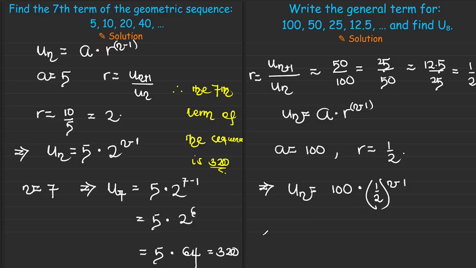Now for U8, it simply implies that our n is equal to what? 8. So substituting, we have our eighth term giving us 100 times 1 over 2, all to the power of n, which is 8 minus 1. What this needs is what? Simplification.